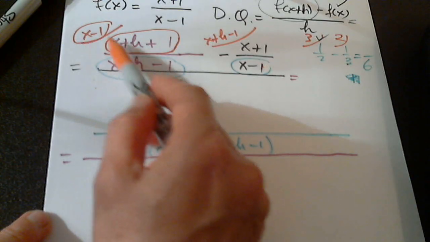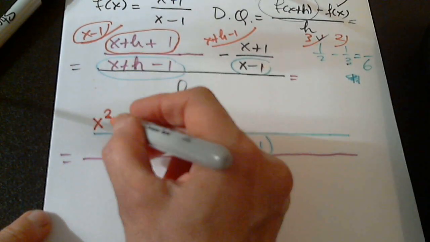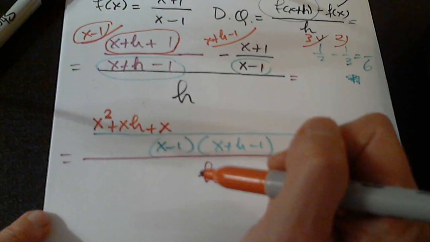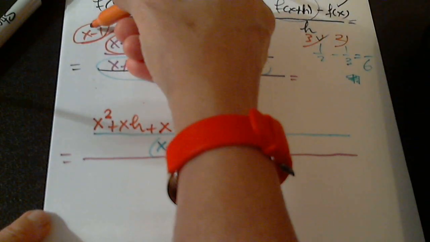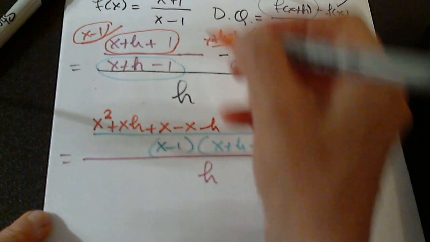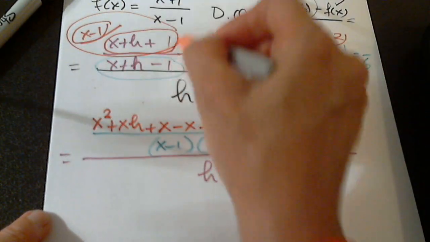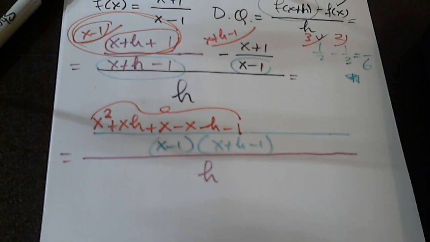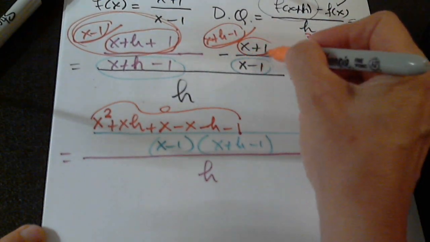So x times x, x squared, x times h, xh, x times 1 plus x, minus 1 times x, minus 1 times h, minus 1 times 1. This product is this. Now I have to multiply this quantity by this quantity.